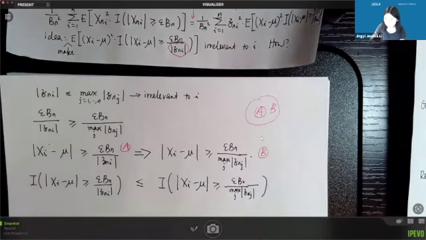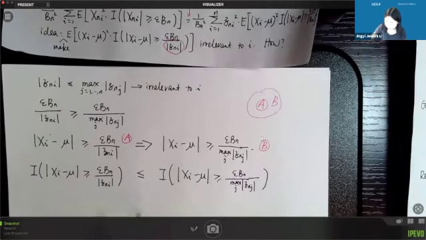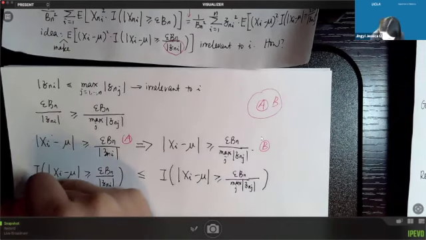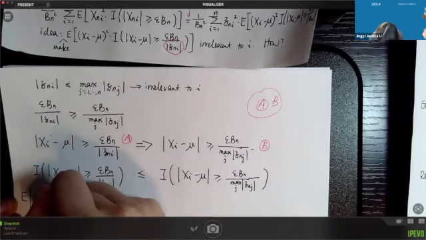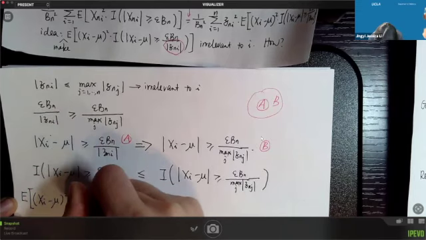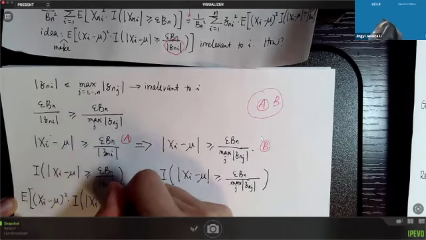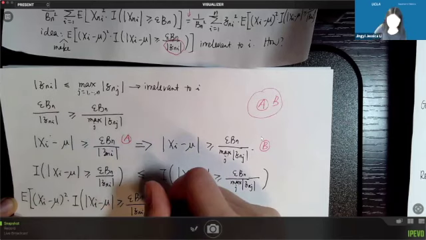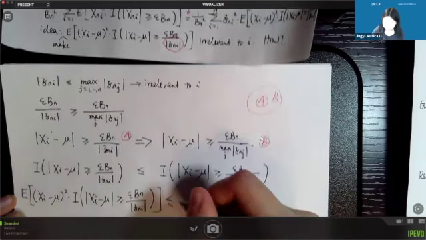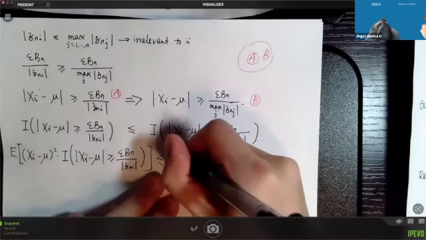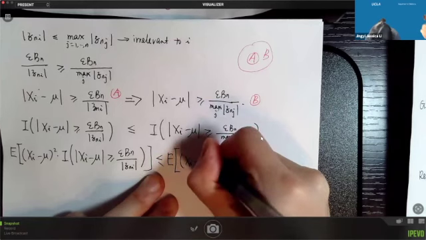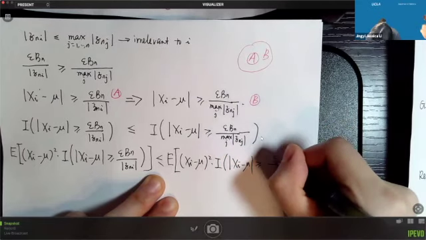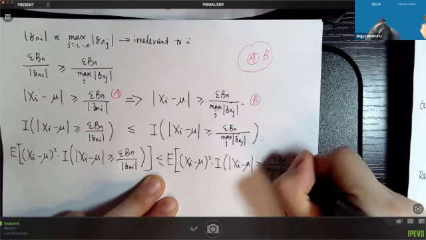Okay, so with this result, we can have this term written as the expectation of (x_i minus mu) squared times the indicator of x_i minus mu greater or equal than epsilon b_n over the absolute value of z_{n,i}, which would be less or equal than the expected value of (x_i minus mu) squared times the indicator of x_i minus mu greater or equal than epsilon b_n over max_j absolute value of z_{n,j}.